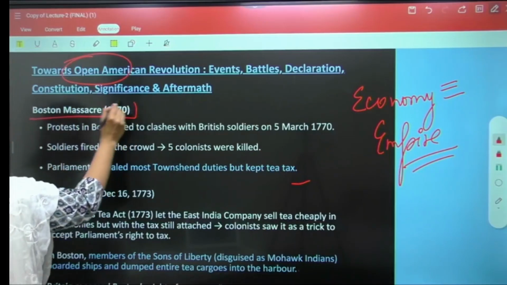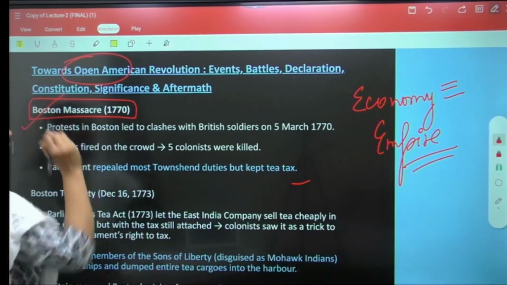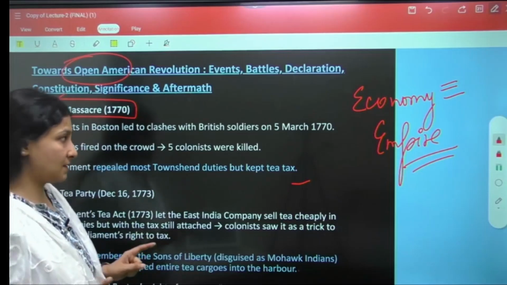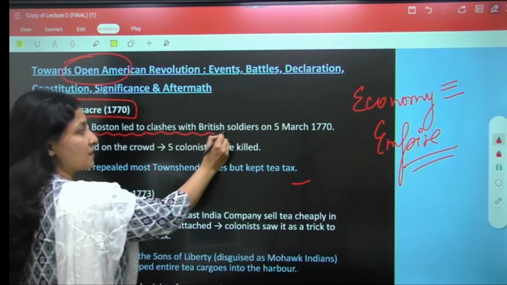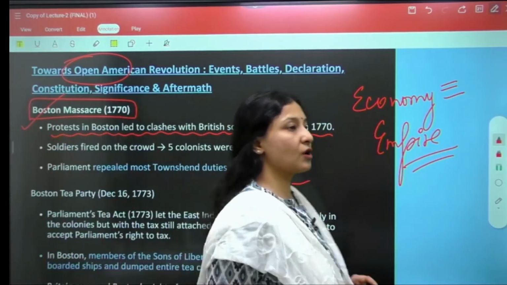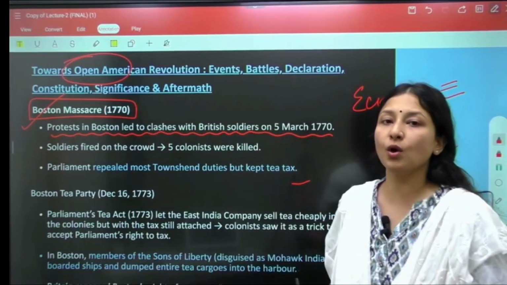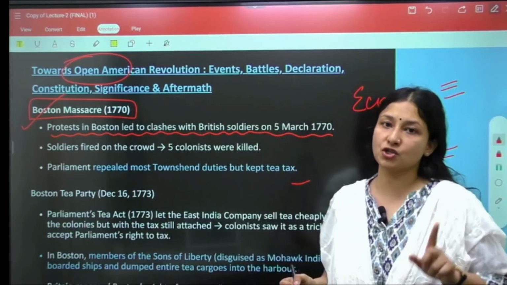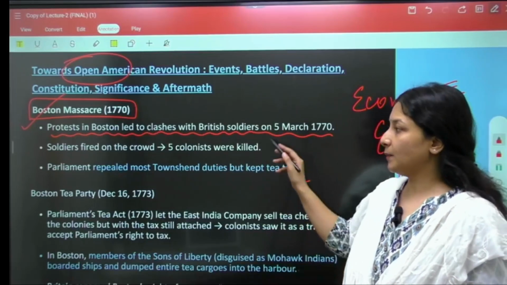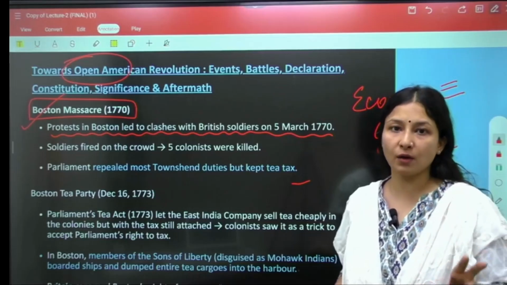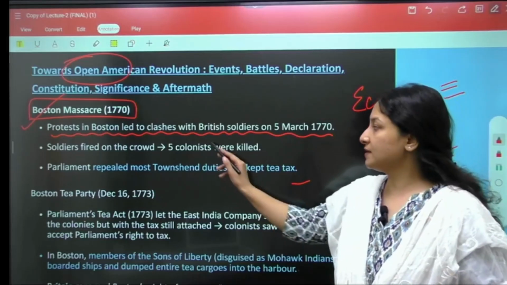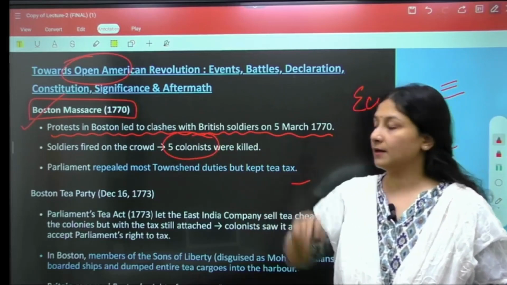The first incident which happens over here is the Boston Massacre. Protests are taking place in Boston, and this leads to a clash of the local colonists with the British soldiers who had been posted there. These soldiers fire on the crowd, and 5 colonists are killed.